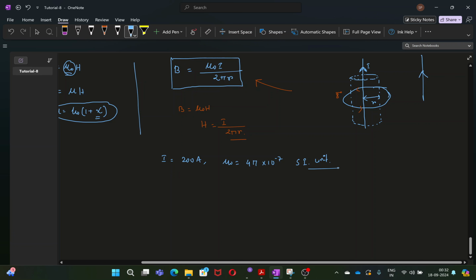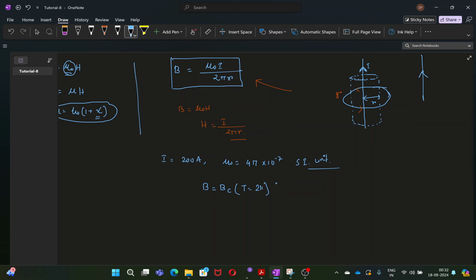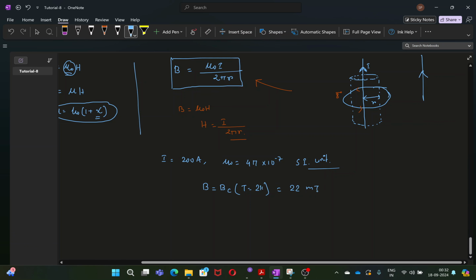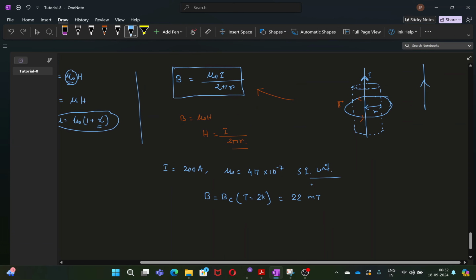But let's say it is an SI unit, and r is the radius of the wire, that is unknown, we have to calculate that, and B is nothing but your critical field value at T equal to 2 Kelvin, right? Because that is the only information that we have about the field at 2 Kelvin, that is why we choose the field here to be the critical field at 2 Kelvin, which is given as 22 millitesla, that we have calculated just a moment ago, right?